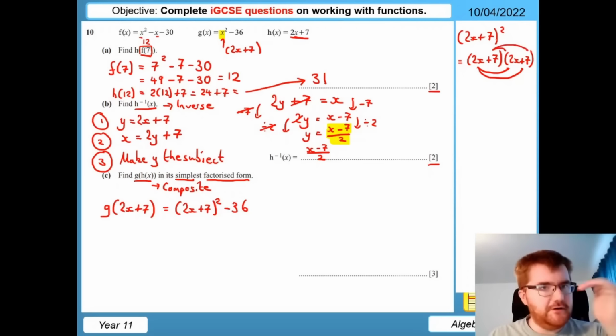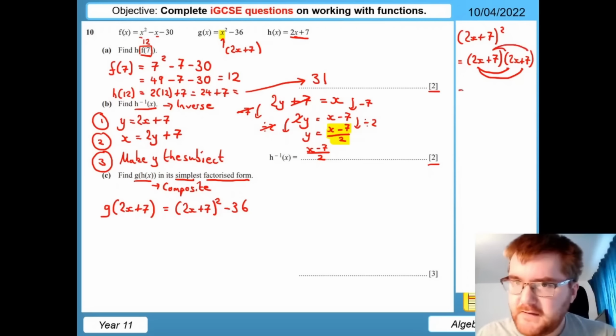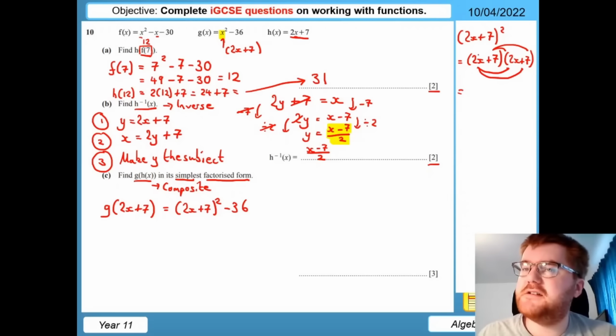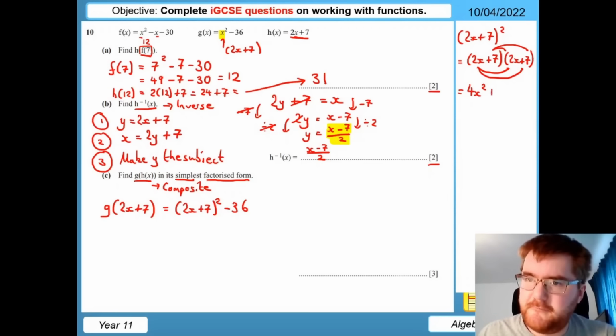So you have to make sure you follow this very logical procedure. So let's do this. So 2x times 2x, that's equal to 4x squared. 2x times 7 is equal to 14x. 2x times 7 in the middle is equal to 14x as well. And then finally 7 times 7, that's equal to 49.